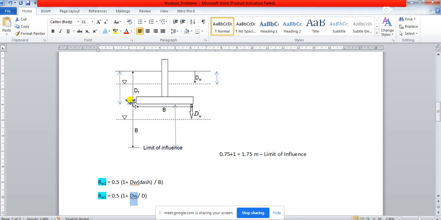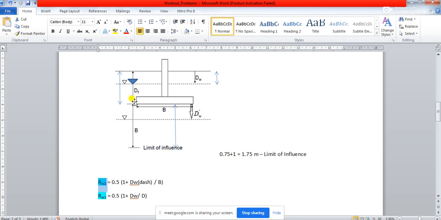Now when the water table further proceeds and rises above, obviously the soil below the base of the footing will be under submerged condition. So in that case your Rw2 value will always remain 0.5.